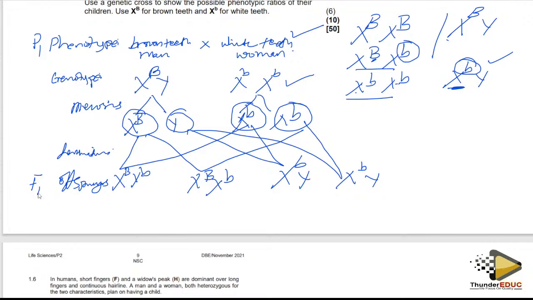So when you're marking, how do we mark? We come here, we give you a tick. P1, F1, we give you a tick for that. You saying meiosis and fertilization, we give you a tick. Something I forgot: I forgot to say these are gametes. Please don't forget these steps.